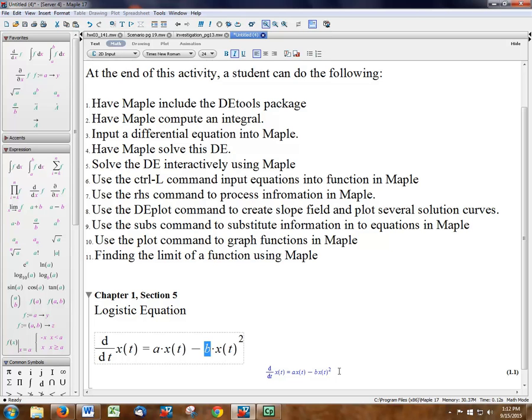So this is called the logistic equation, and you're going to have to solve this for an applications manual. So we need to create some A's and B's here. So what do I want for A and B?